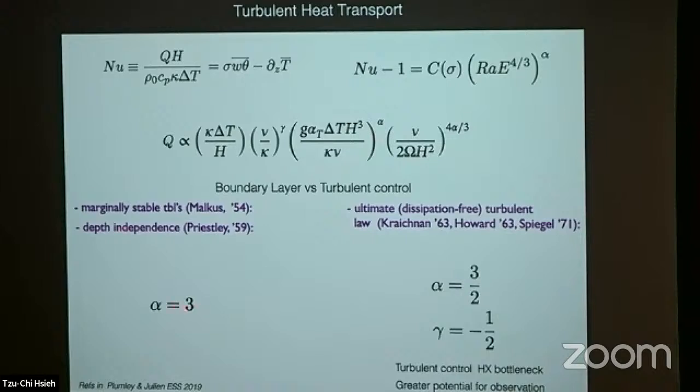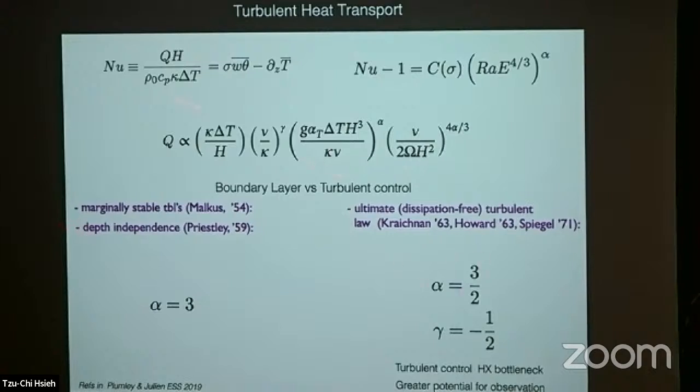That's the efficiency of the heat transport here. If you go to a turbulent scaling, you pick up a transport exponent of 3/2. My point here is that this is opposite to non-rotating. In the non-rotating case, you would have 1/3 here, and you have 1/2 here.